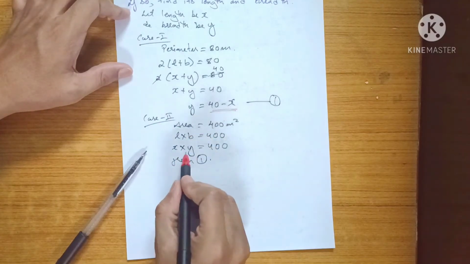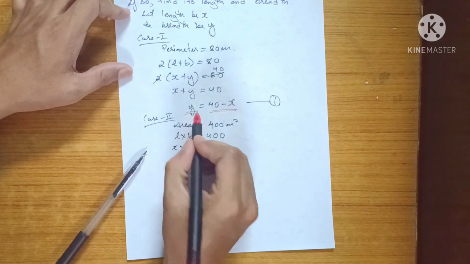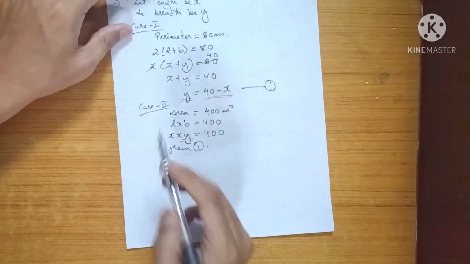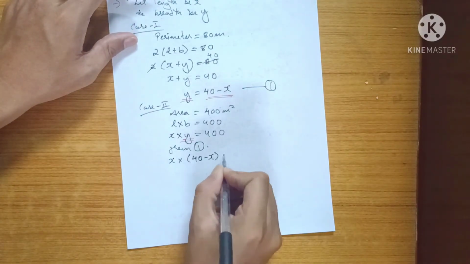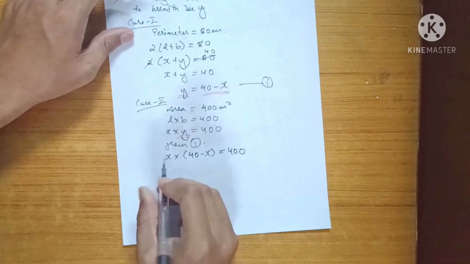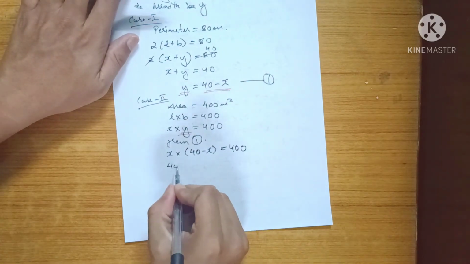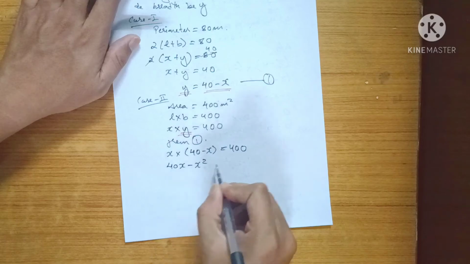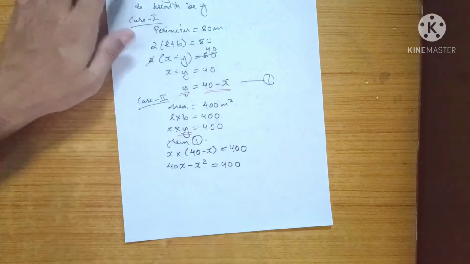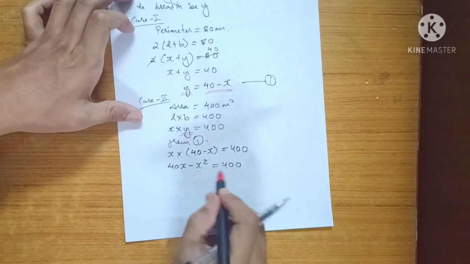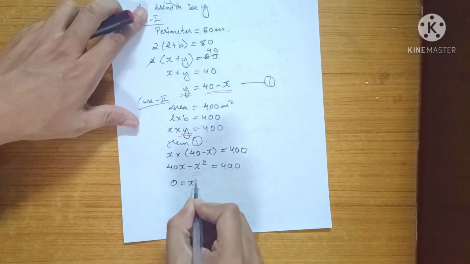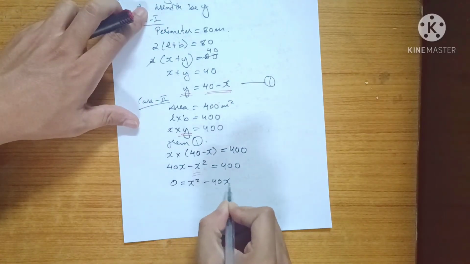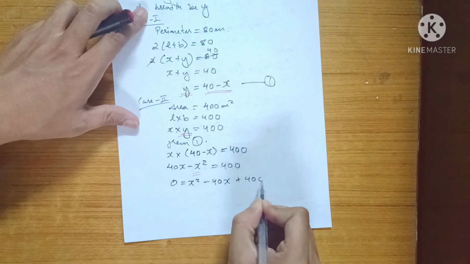So instead of y, I can write 40 minus x. So x into 40 minus x equal to 400. If I open the bracket, it will become 40x minus x squared equal to 400. In this case also, x squared is negative, so I want it to be positive, so I'll send everything this side. So x squared minus 40x plus 400.